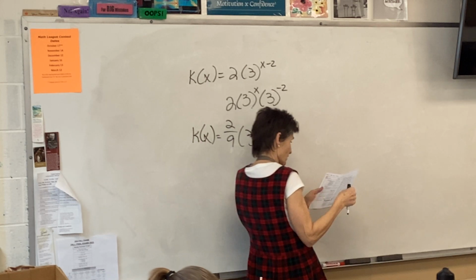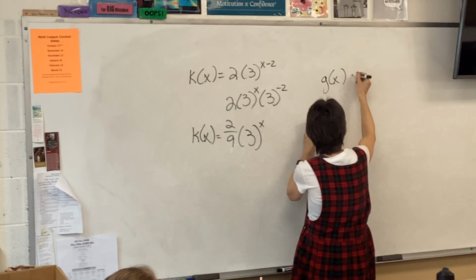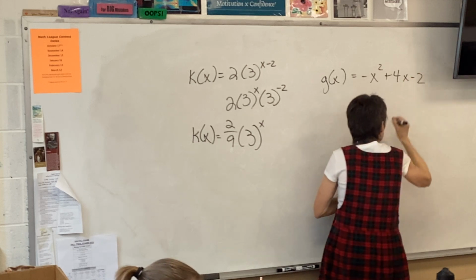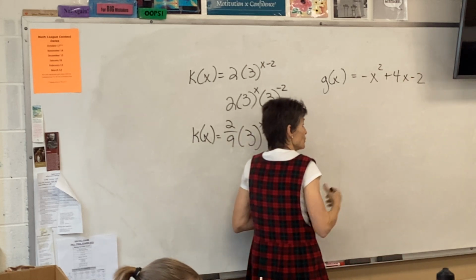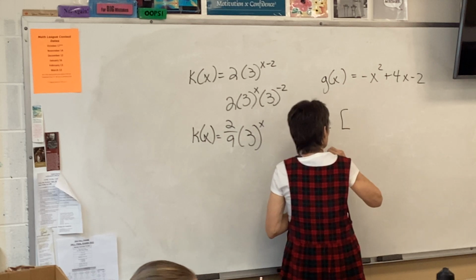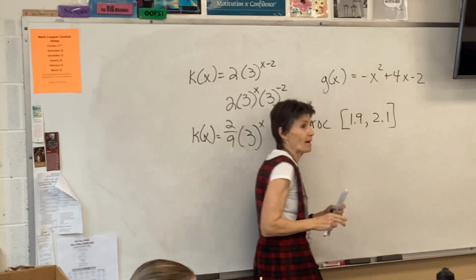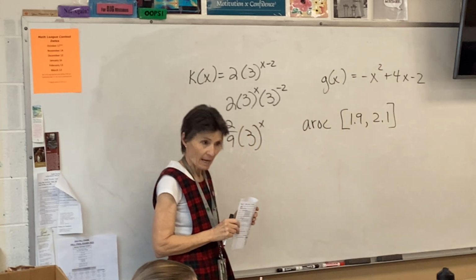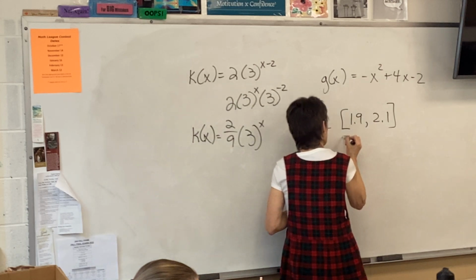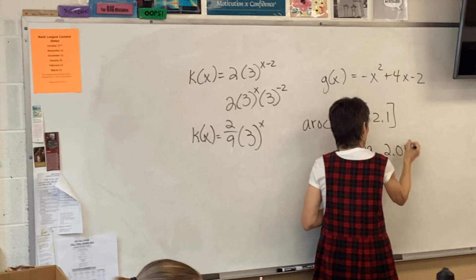If you took this function right here, and I said to you, find the average rate of change on the interval from 1.9 to 2.1, could you do that? Absolutely you could, right? Well, what if I said, find the average rate of change from 1.99 to 2.01, could you do that?